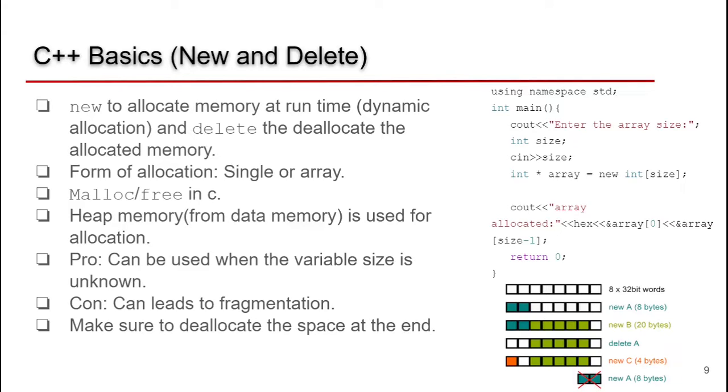Let's say n1 equals malloc. Instead of new, you say malloc for allocation. Here you say I want to allocate this number of bytes.